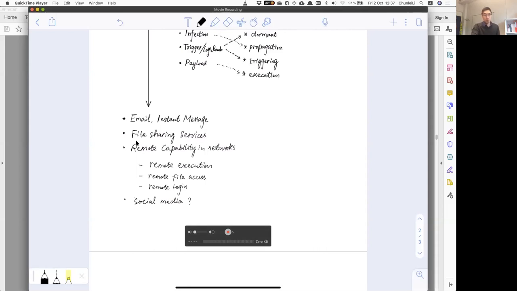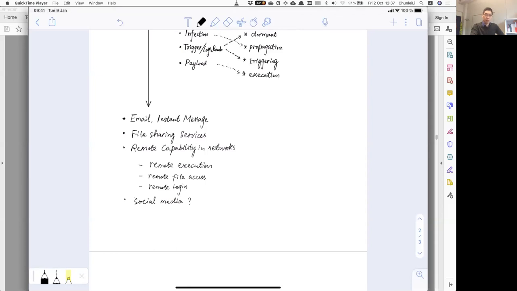The next one is file sharing services. This is also from the early days, when they had different file sharing protocols. One widely used is FTP, file transfer protocol.